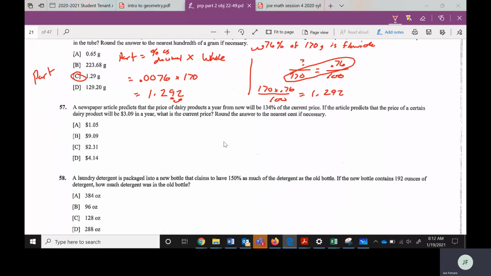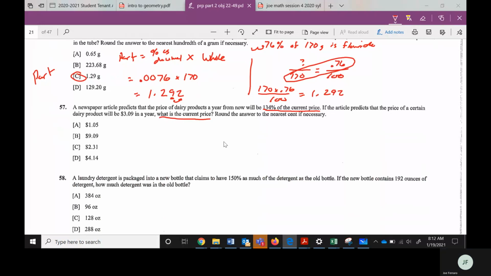Okay, so the key here is 134%. So we know the percent of the current price. So is the current price what they give us or what they are asking for? And if we look, it's what they're asking for.